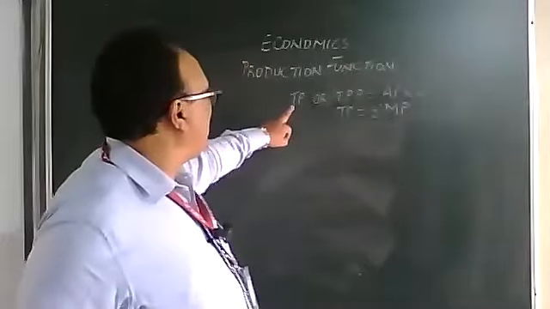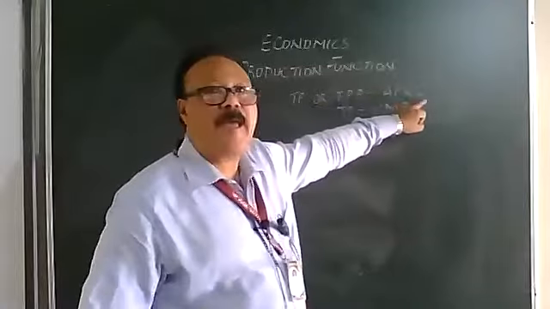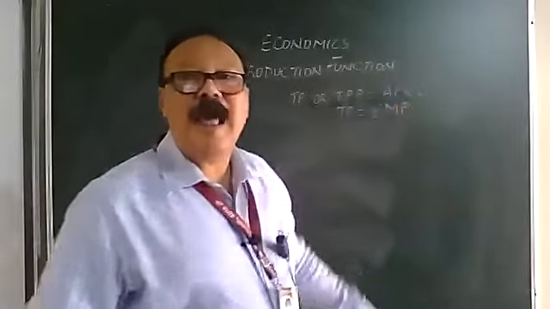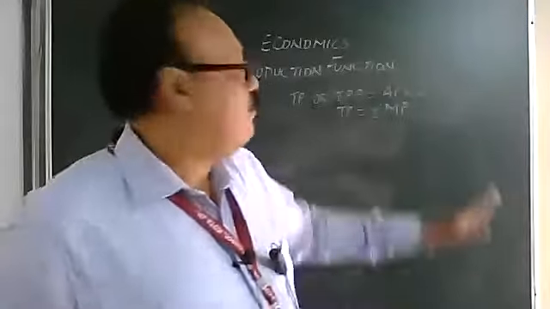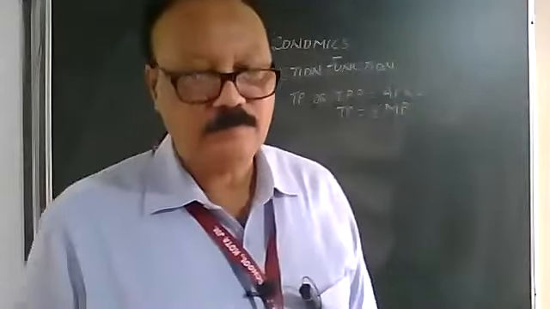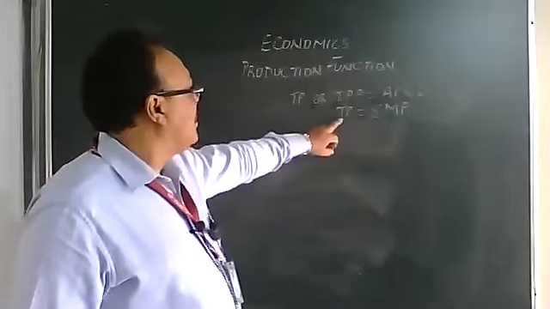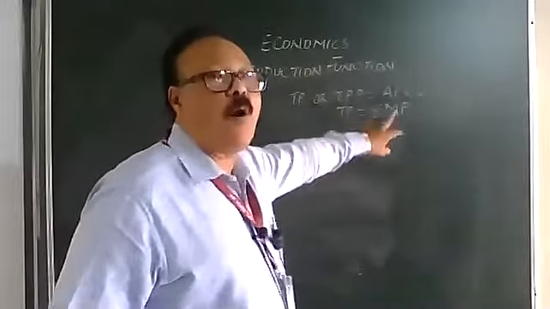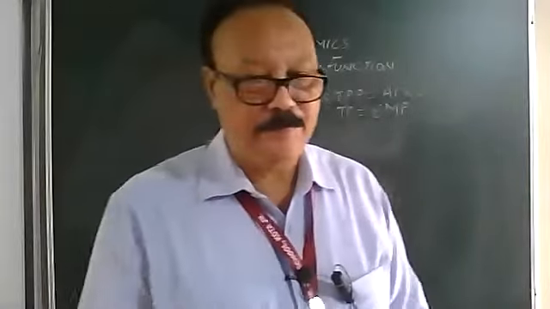When we are calculating TP from AP, TP is equal to AP multiplied by L. What is L here? Land, I am assuming, which is a variable factor. If you don't like the word L, you can write variable factor. And when we are calculating TP from MP, TP is the sum of MP. So summation MP.